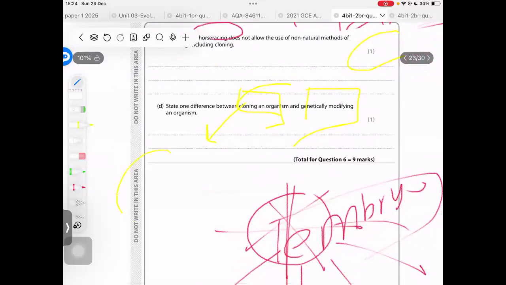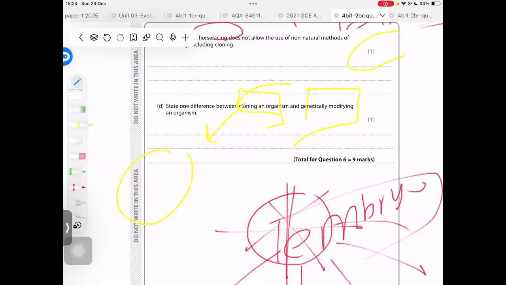For example, you are taking a tomato plant and inserting a gene which will allow that tomato to stay ripe for around 2 to 3 weeks, right? So you are modifying the genes, and there is a genetic variation. But cloning gives rise to genetically identical offspring.